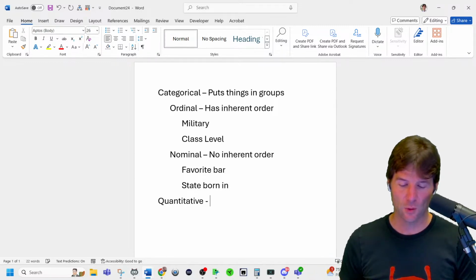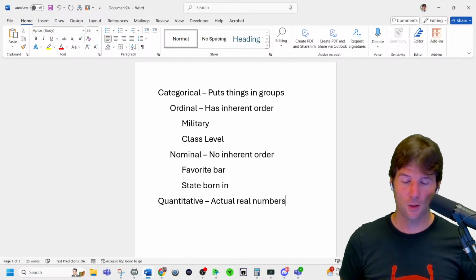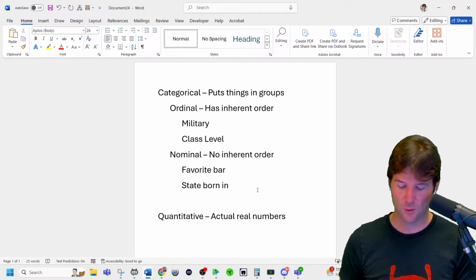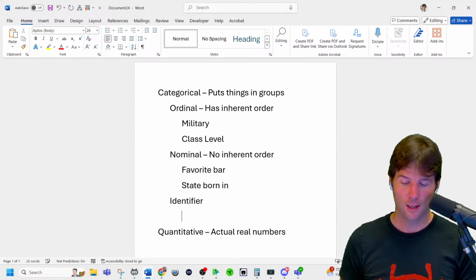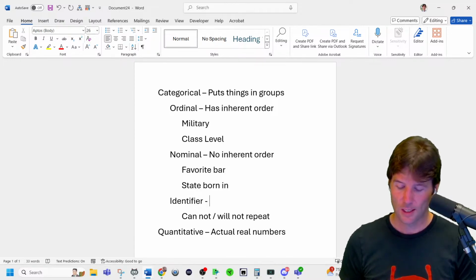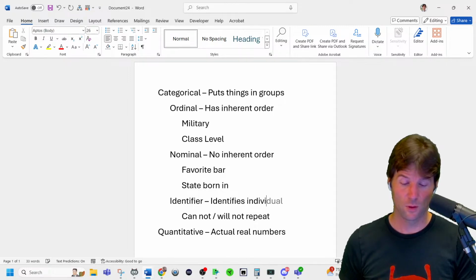Quantitative is actual real numbers. They must be numbers. Categorical can also be put as numbers, and I will say this, there is the special case, which is identifier. Cannot and will not repeat, and that's a huge way to know it's an identifier if it can never repeat structurally and identifies individuals or identifies observations.